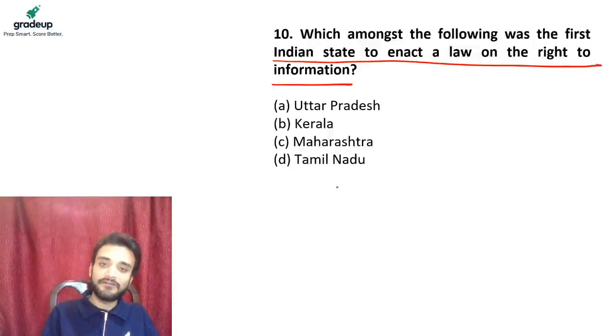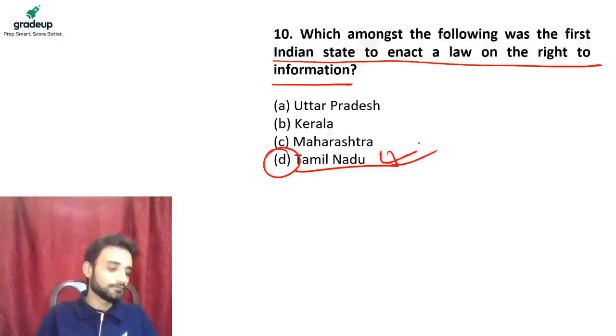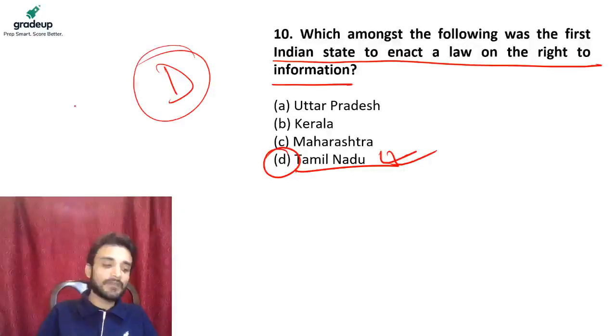A lot of people have given me the correct answer. It is Tamil Nadu. Fantastic. It is not Kerala, not Uttar Pradesh, not Maharashtra, but Tamil Nadu. Option D is the correct answer, friends.